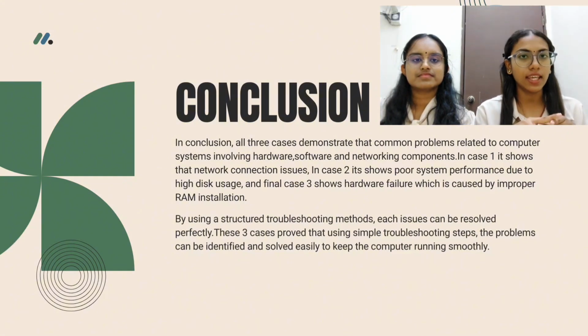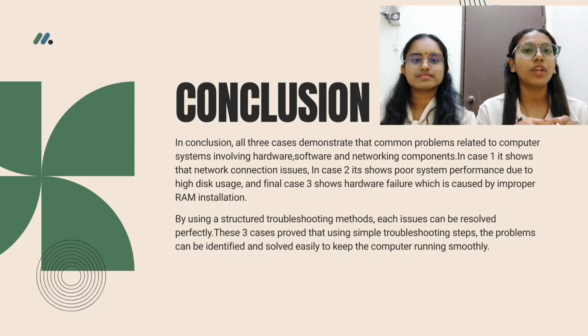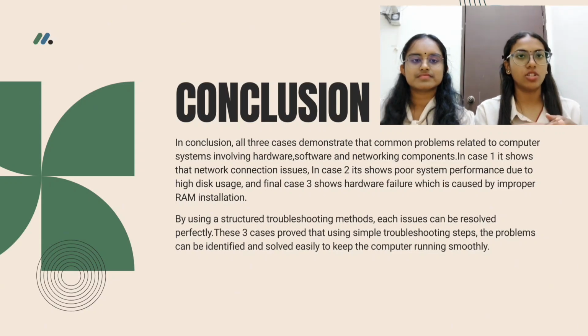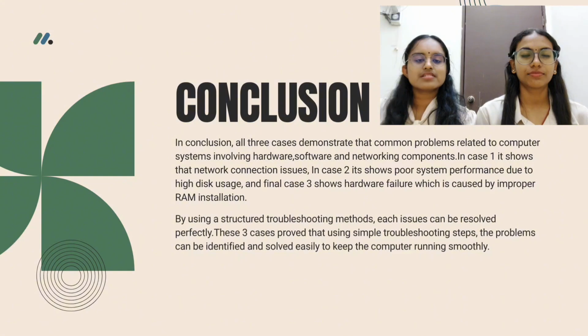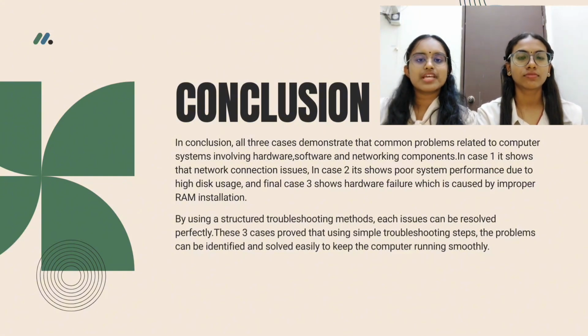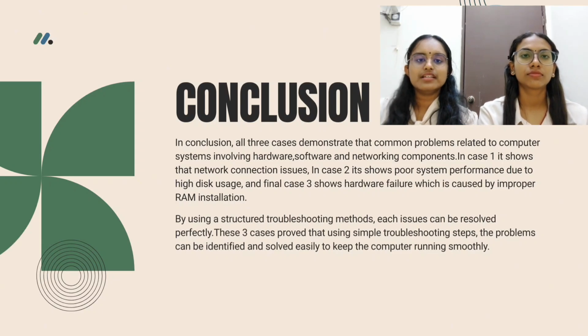And the final case shows hardware failure, which is caused by improper RAM installation. By using structured troubleshooting methods, each issue can be resolved. These three cases prove that using simple troubleshooting steps, the problems can be identified and solved easily to keep the computer running smoothly.